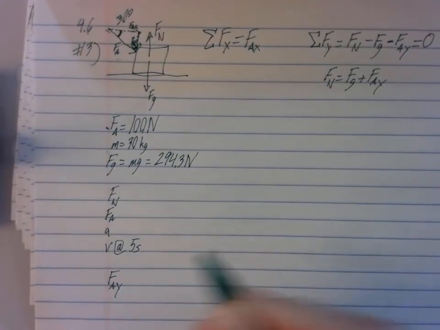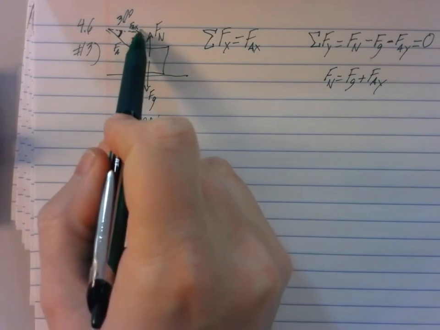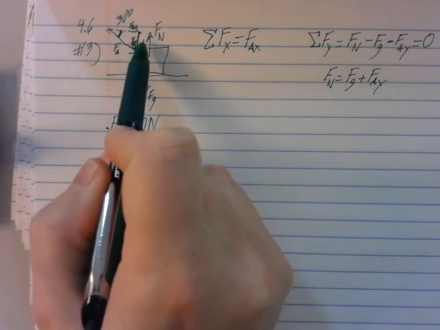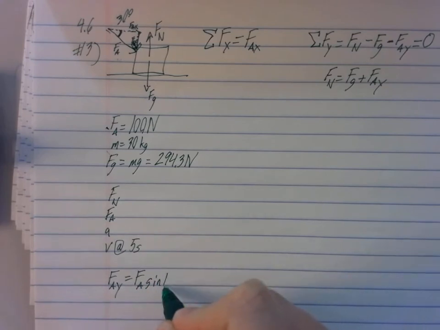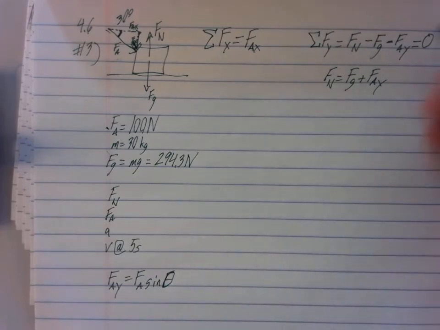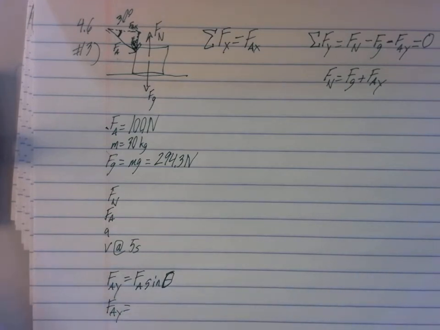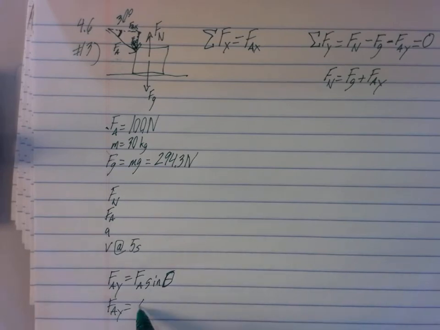Fay is just our component, so we're looking for this side, which is opposite. So Fay would be equal to Fa sine of the angle, so 30 degrees. So Fay is 100 sine 30, that equal to 50 newtons.